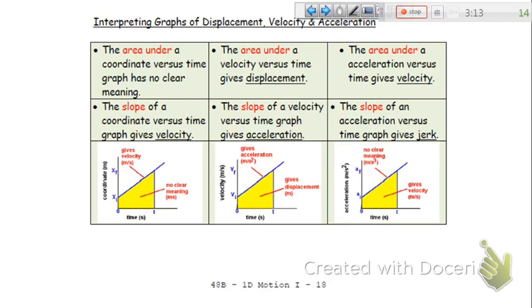For velocity versus time, the slope is acceleration, and the area under the graph gives you the displacement. And for acceleration versus time, the slope is what we call jerk, and the area under gives velocity. So they're kind of useful. They kind of talk about each other.